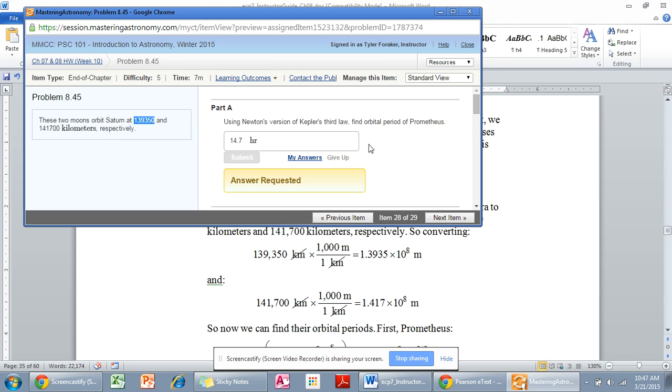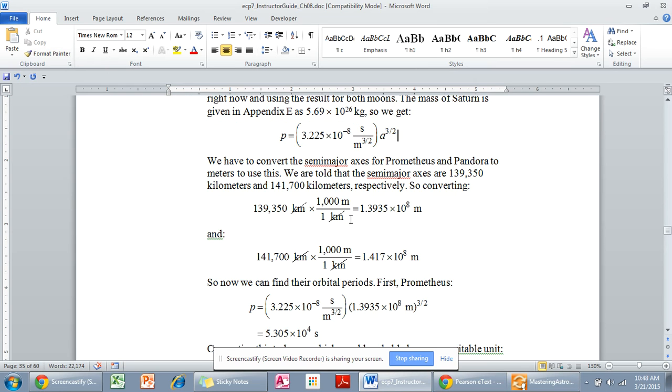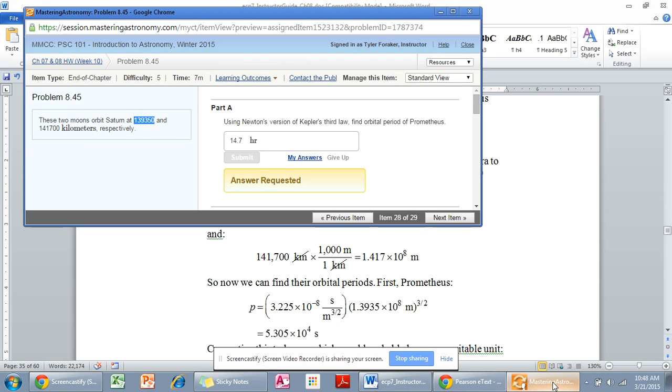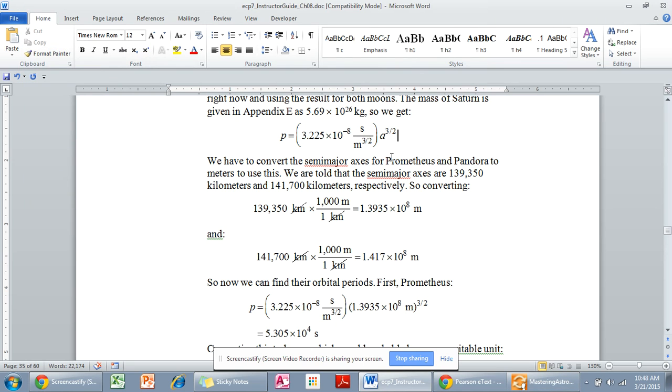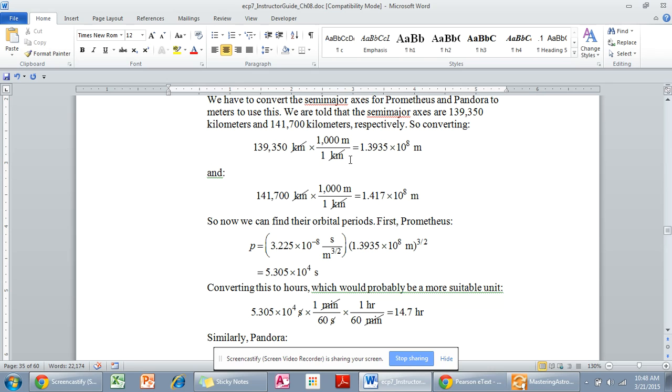So if we flip back over, we need to convert, because the original problem on mastering astronomy gave us kilometers, but when we look back at our equation, we are dealing with meters.